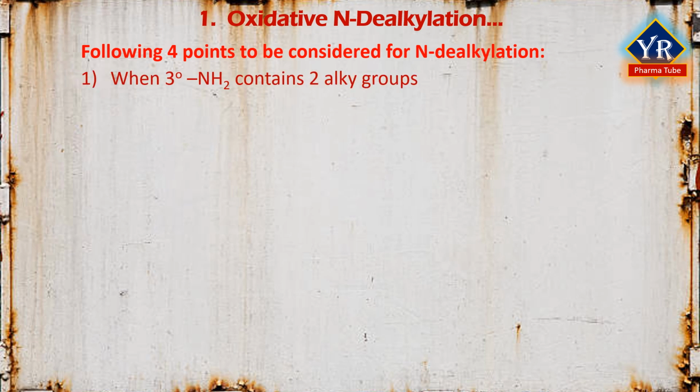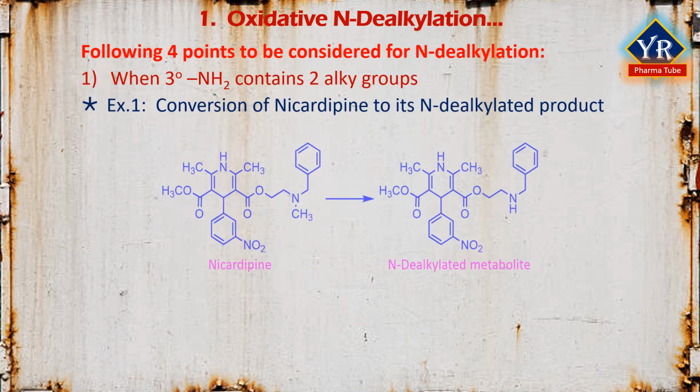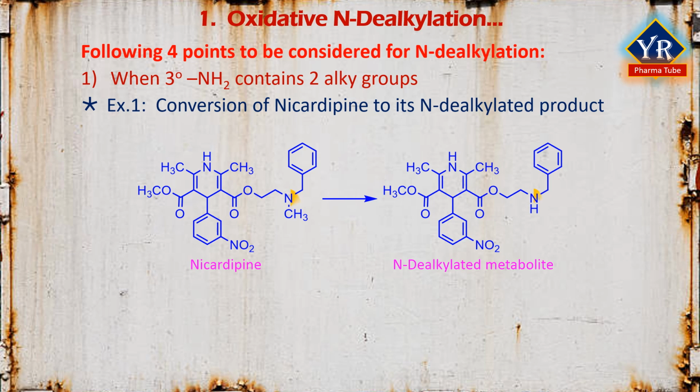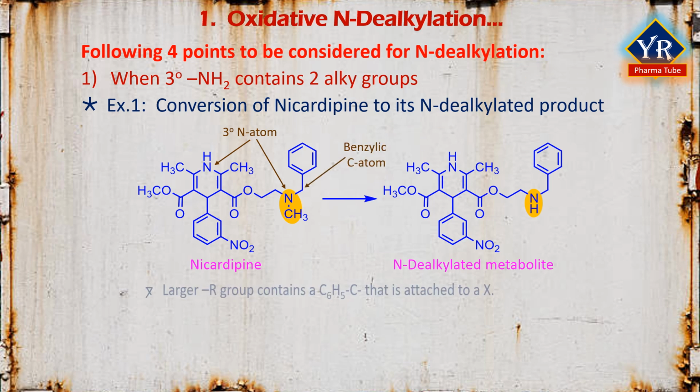Number 1. Whenever a tertiary amine contains two different alkyl groups, as seen with the structure of nicardipine, the smaller alkyl group is almost always removed before the larger group. As shown in its structure, the larger alkyl group contains a benzylic carbon atom that is attached to a heteroatom.